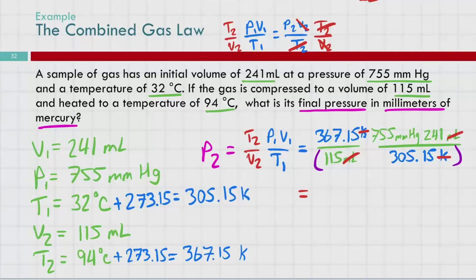And our pressure is 1,900 millimeters of mercury with 3 significant figures, so we get to put it in scientific notation.